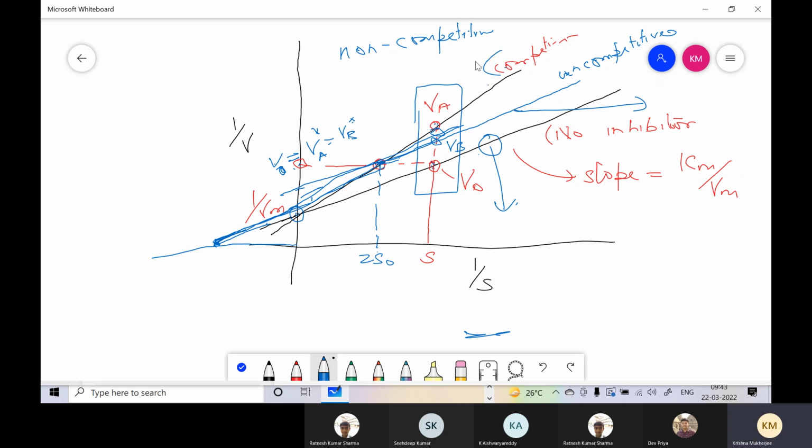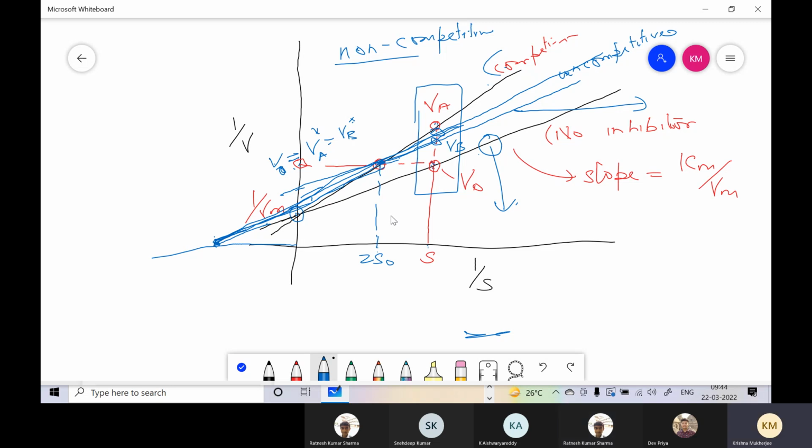The competitive has the highest slope, and the non-competitive has an intermediate slope. And so it will cut the x-axis at somewhere in between VA and VB. Yes? No?